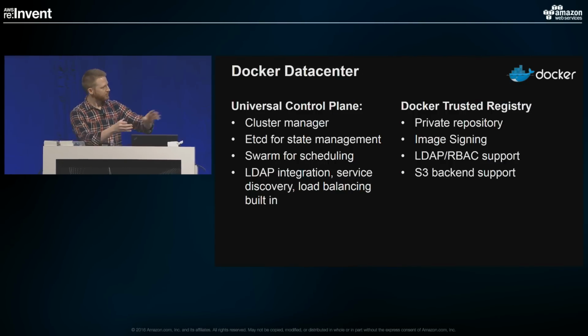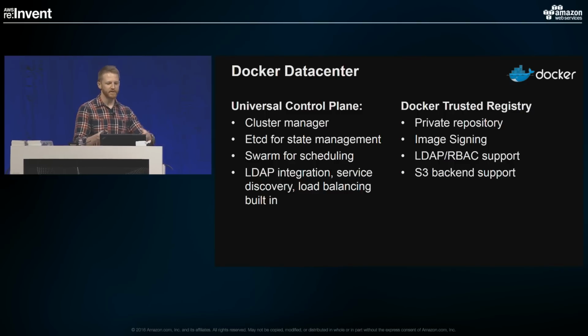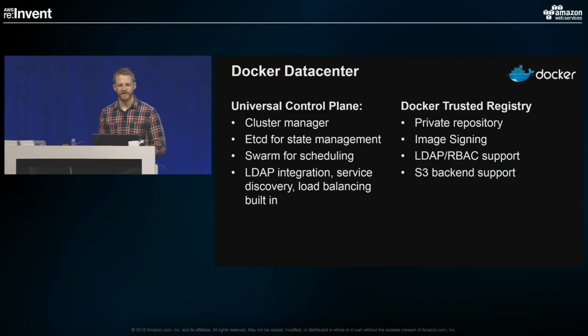So breaking down the main components here, UCP and DTR. UCP is the cluster manager. And so like Kubernetes, it also uses etcd for state management. It uses Docker Swarm for scheduling. And it also packages up some really nice features like LDAP, some load balancers, and native Docker service discovery.